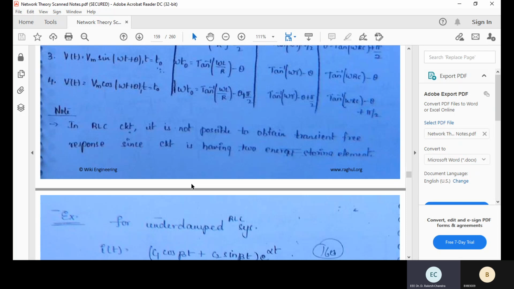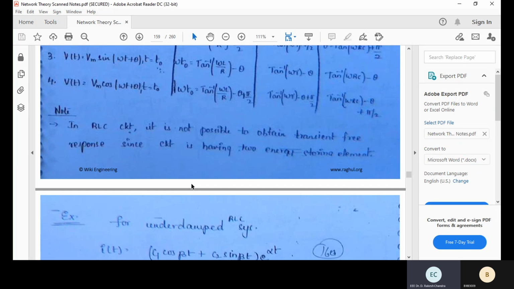Transient free response is possible in an RL circuit and in an RC circuit, but it is not possible in the case of a series RLC circuit. Why? Because the series RLC circuit has two energy storage elements, and energy is exchanged between the inductor and capacitor.